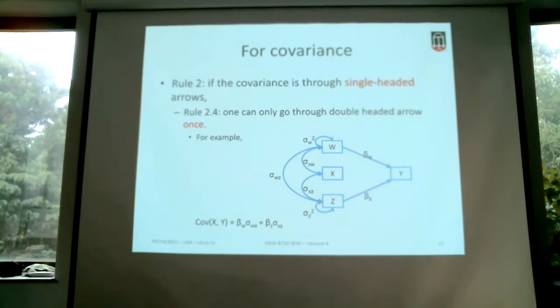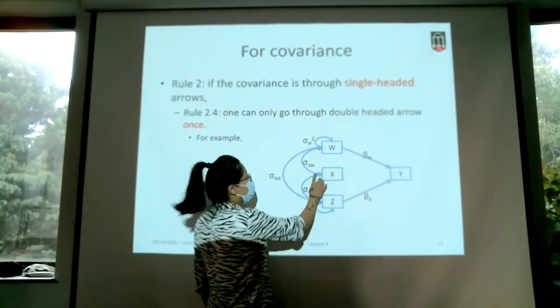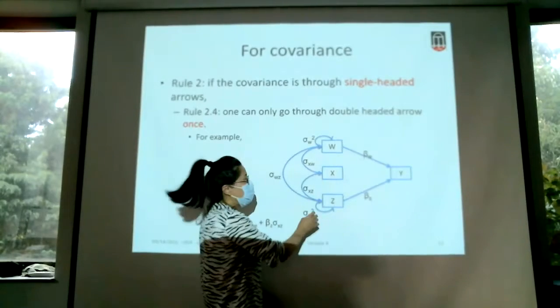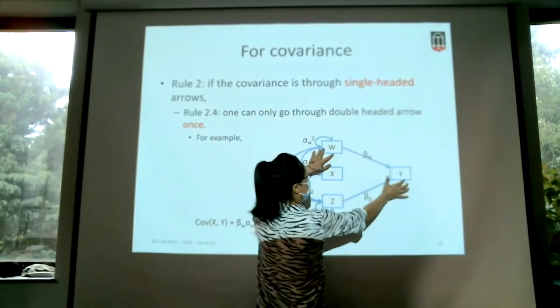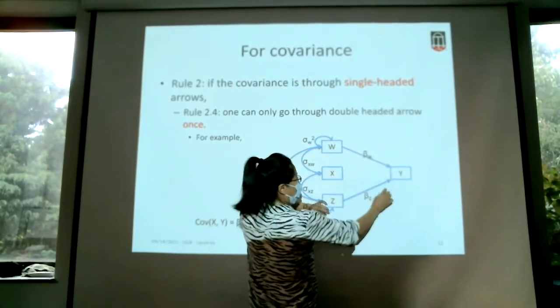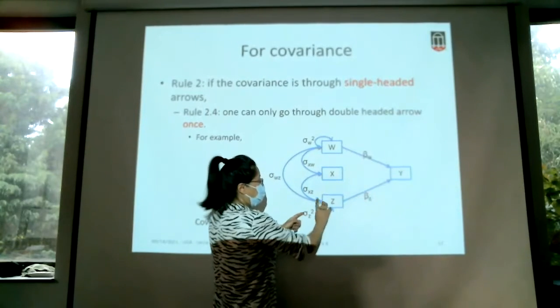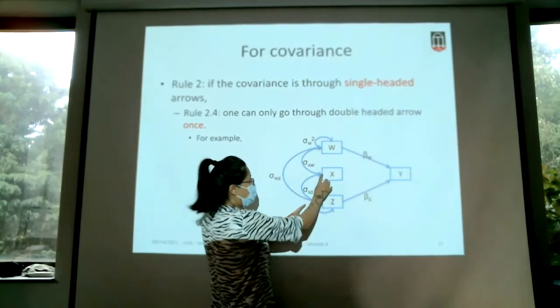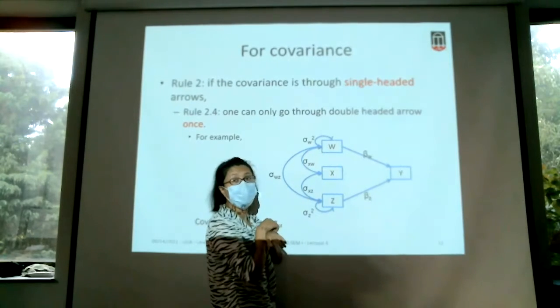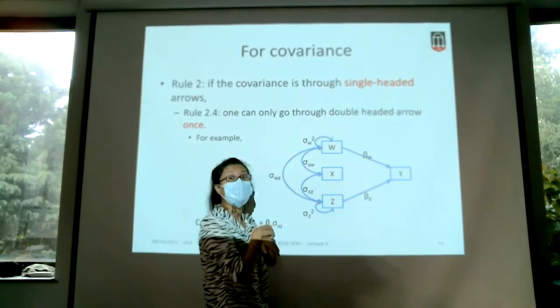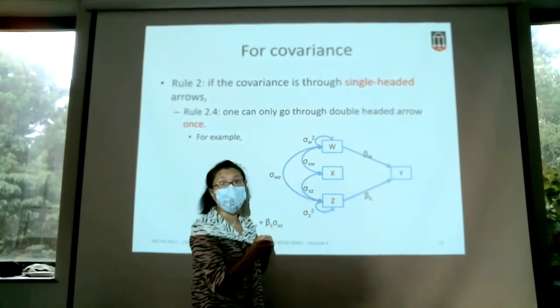This is a very important general rule. So you cannot use variance times covariance times covariance. For example, you cannot use beta z times the variance of z times the covariance between these two, because you use 3 double-headed arrows in that case.